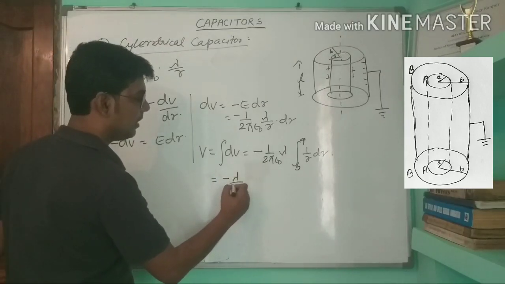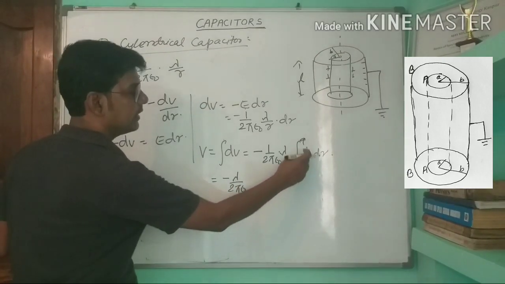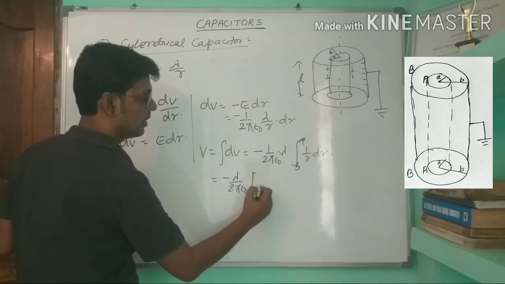So it will be equal to how much? Minus lambda by 2 pi epsilon 0. Integration of 1 by r is how much?